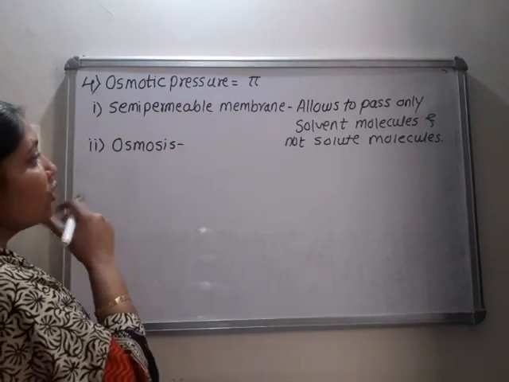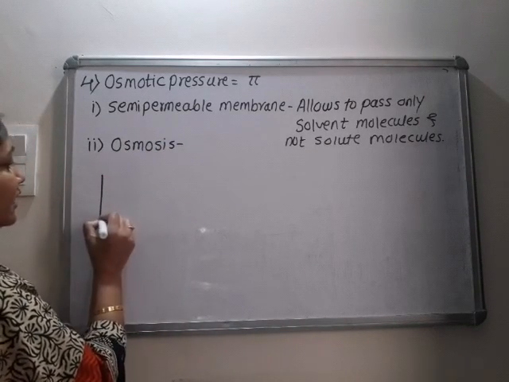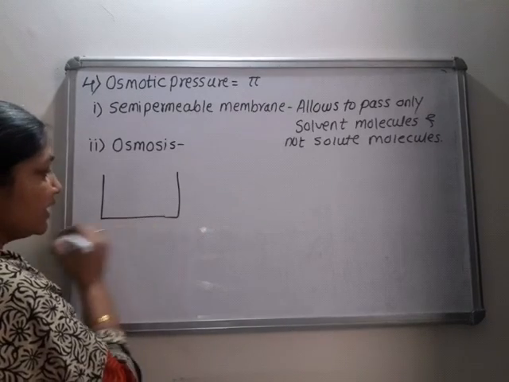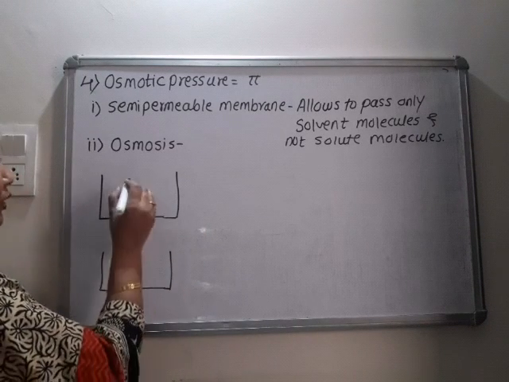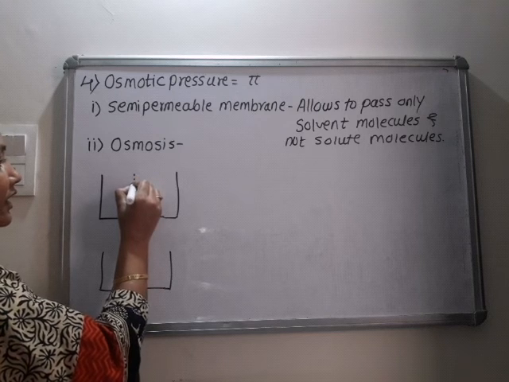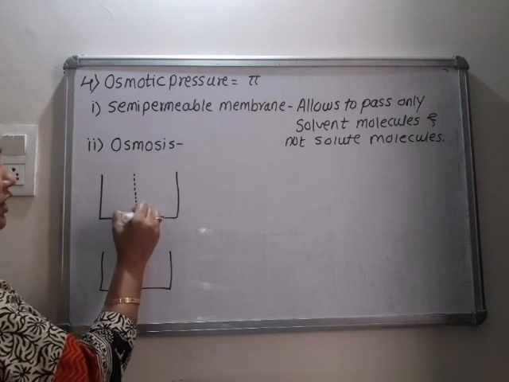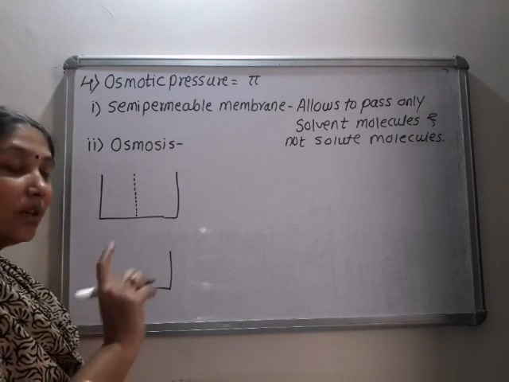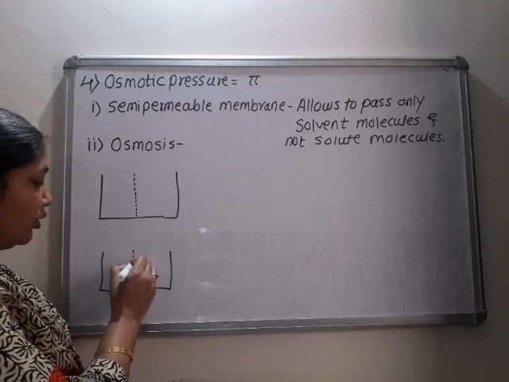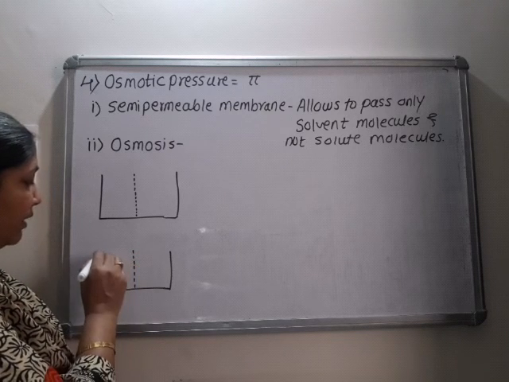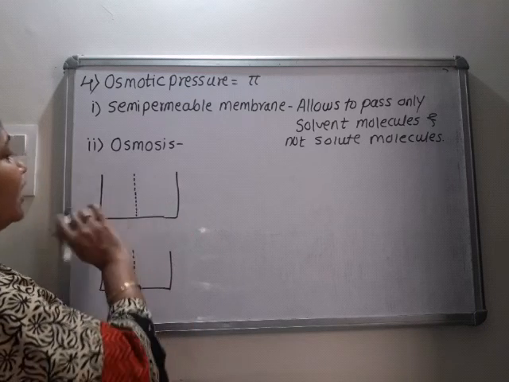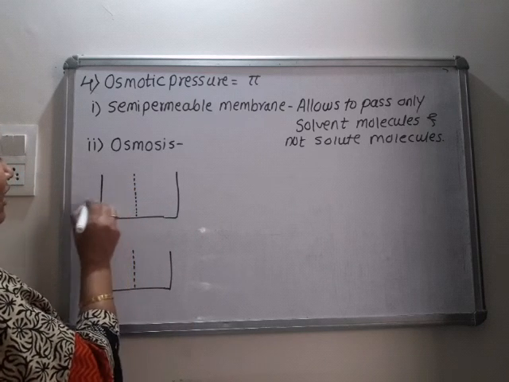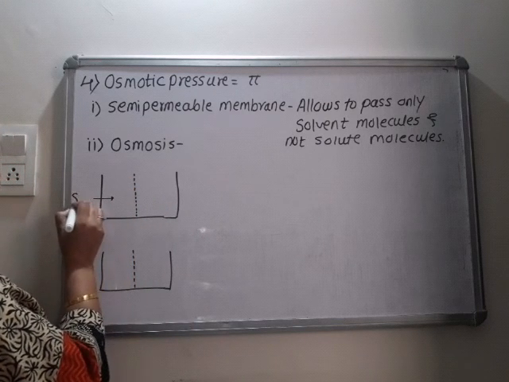To study this osmosis, let us consider one example. See, this is one container. This is another container. This container is separated, a partition is made by using a semi-permeable membrane. Here also a semi-permeable membrane is used. Now, here we have added pure solvent.